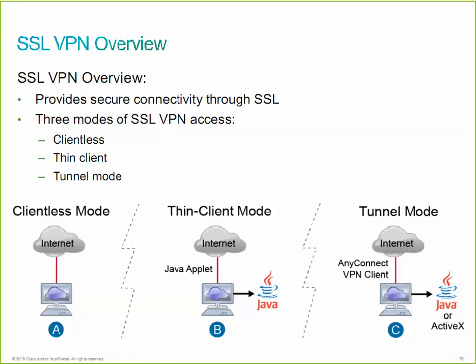I'm sure you guys are somewhat familiar with SSL VPN, but we have three modes of operation. We can see them kind of depicted here. Clientless mode. In clientless mode, we get secure access to our private web resources by going into a browser and then connecting and authenticating through a browser interface. The downside to clientless mode is that we don't get native application support a lot of times.